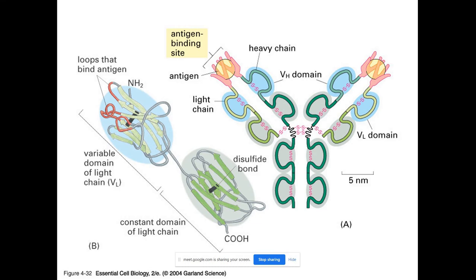Some other protein binds to the antigen, and in our body that is called an antibody. An antibody binds to the antigen. Antibodies are produced against the antigen in our body. According to the antigen structure, the antibodies are produced, so there is binding between antibody and antigen.